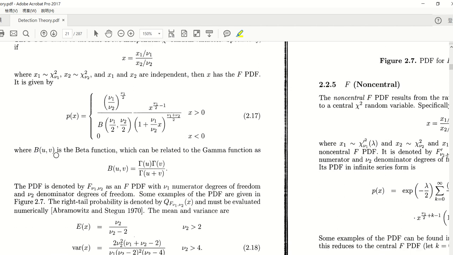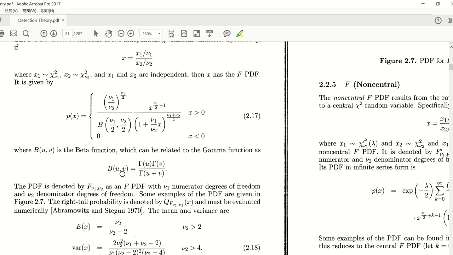The B function is the beta function. As we previously mentioned about special functions, this is one of the commonly encountered special functions, B of u and v, called the beta function, and it can be related to the gamma function as follows.